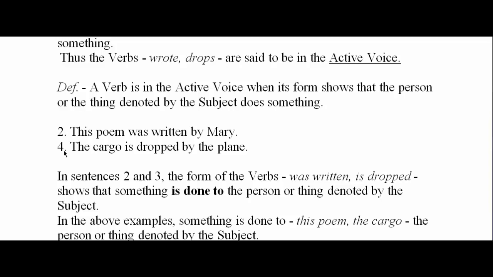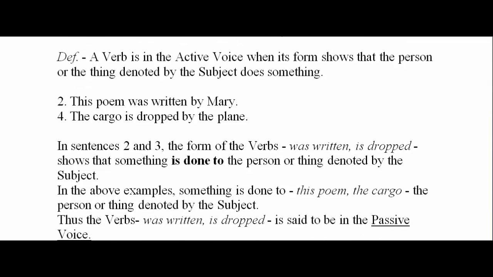The second and the fourth examples are reproduced here for our convenience. Take a look. This poem was written by Mary. The cargo is dropped by the plane. Now, in sentence 2 and 4, what is happening?